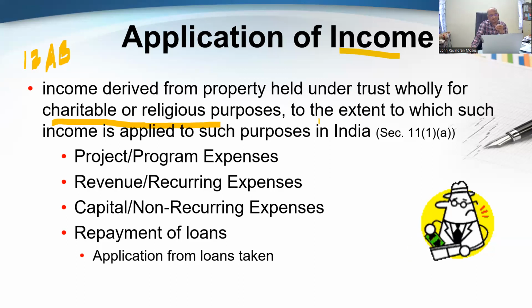The income from property or the income of the trust, either for charitable or religious purpose, to the extent to which such income is applied for such purposes in India, is allowed as application. So whatever income we apply towards meeting the object of the organization, the object of your trust or society, will be allowed as deduction to you.